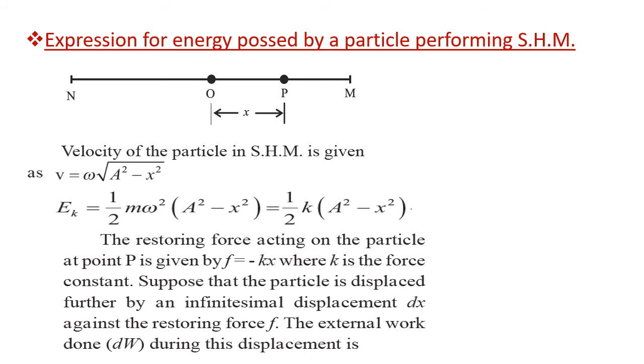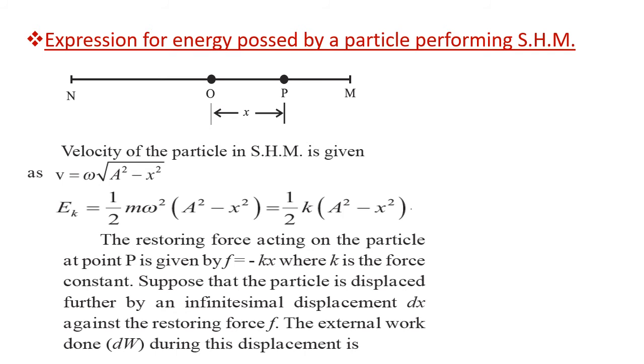So it comes out to be 1/2 m omega square into bracket a square minus x square. Why? Because when you square, the square root sign will no more remain. So kinetic energy of a particle will be given by 1/2 m omega square into bracket a square minus x square.